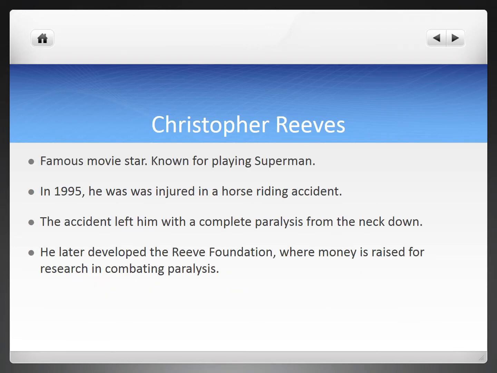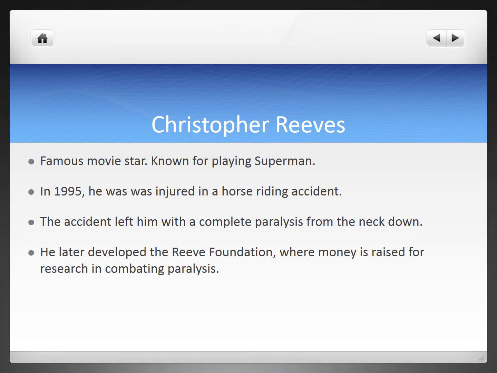Another good example of complete quadriplegia would be the celebrity Christopher Reeve. If you remember, Christopher Reeve was a famous movie star back in the 90s and is most famously known for playing his role as Superman. In 1995, he was involved in a horse riding accident.